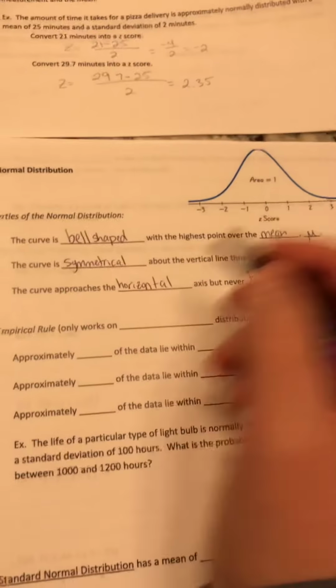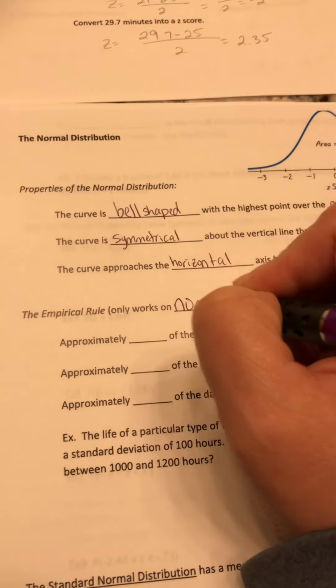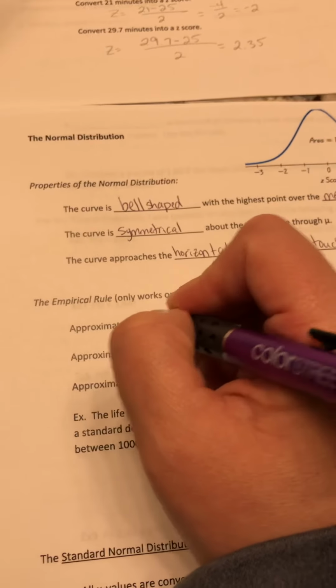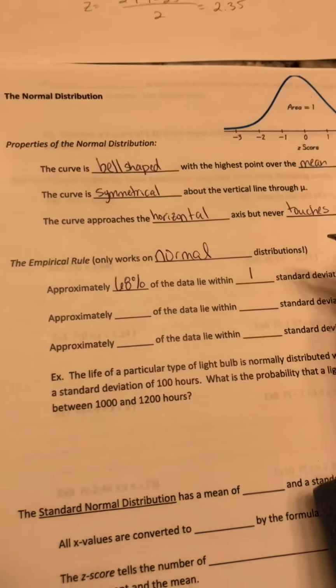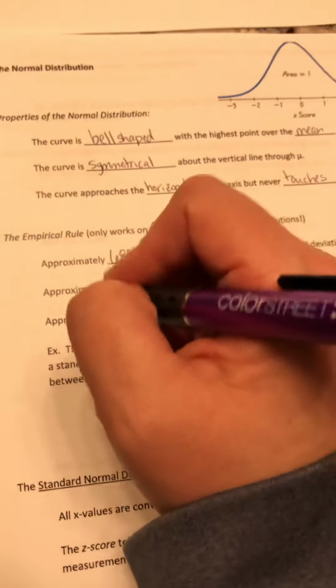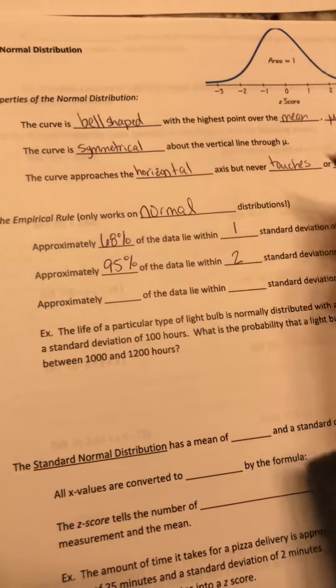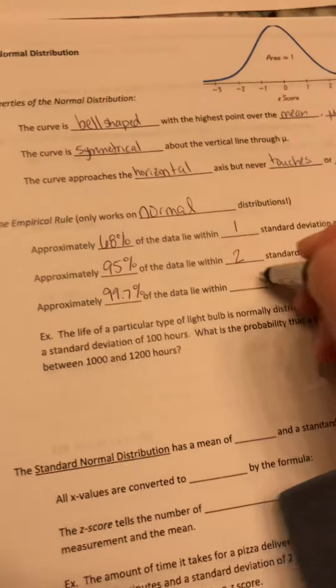To fill in these blanks, the empirical rule only works on normal distributions, so they have to be bell-shaped. Approximately 68% is within one standard deviation, 95% is within two standard deviations, and almost all, which is 99.7%, is within 3 standard deviations.